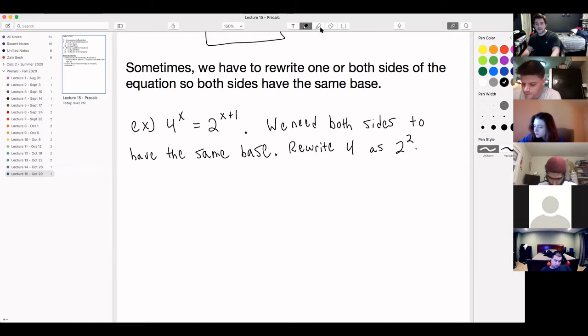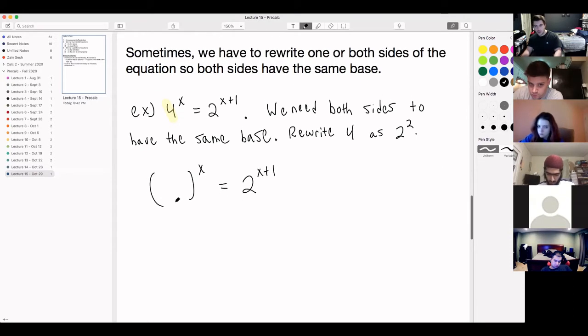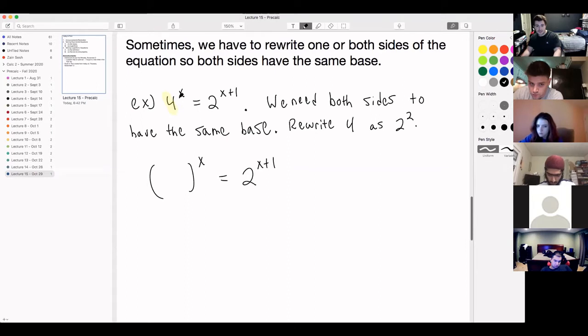So this 4, I'm just going to replace with 2 squared. That's it. Everything else stayed as is. So this exponent of x, it's still there. All right, so just do things one step at a time.